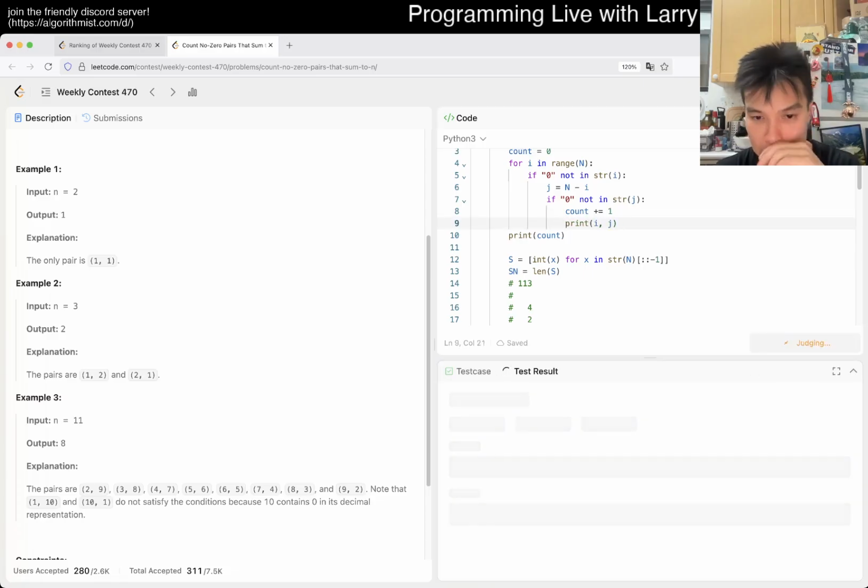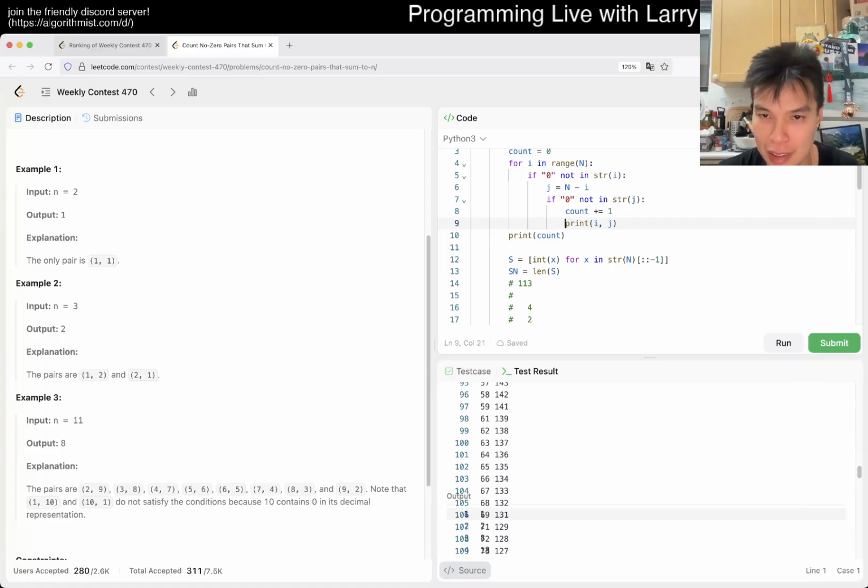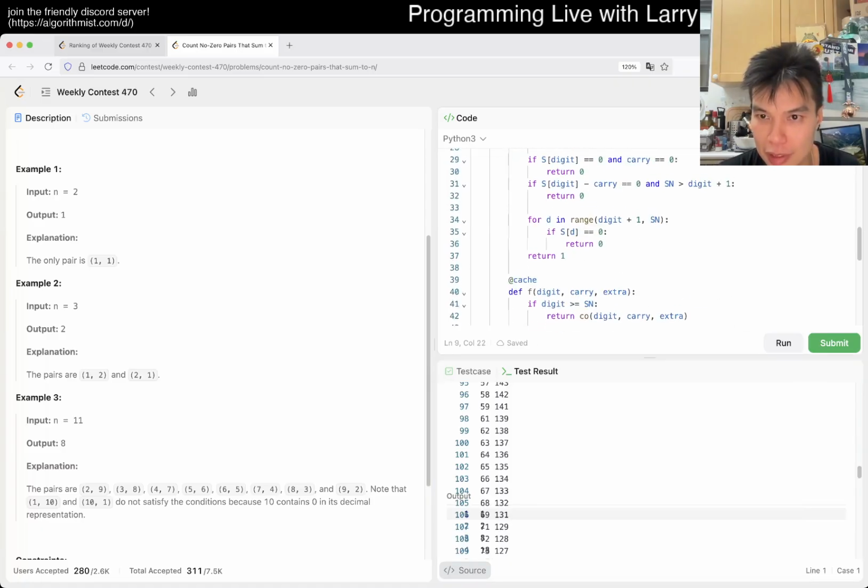I don't know how I fixed it the first time, really. Oh, I guess I did because of this carry thing. If there are no more digits, is this true? What am I doing?